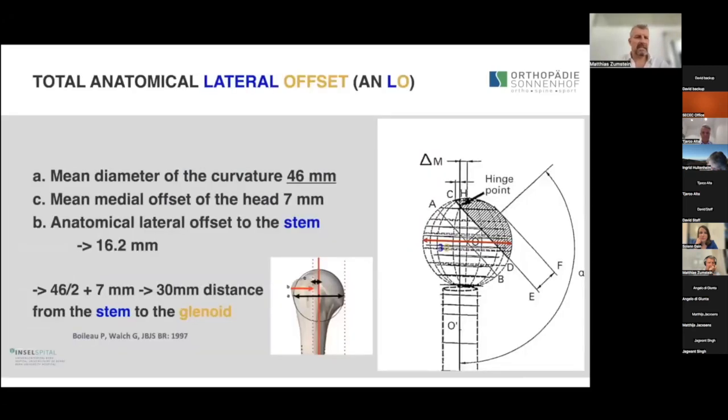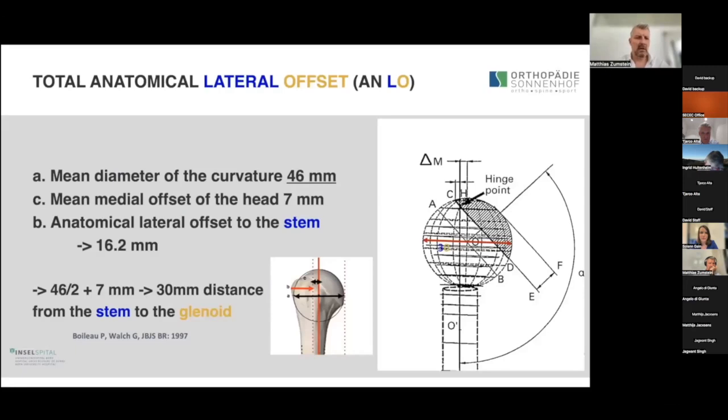Before we plan, we have to understand that most of our data is based on a 46 head. Pascal and Jill did this great paper in 1997, where they showed that most of the patients have a 46 diameter of the curvature, which is shown here. And then the mean medial offset was 7 millimeters.